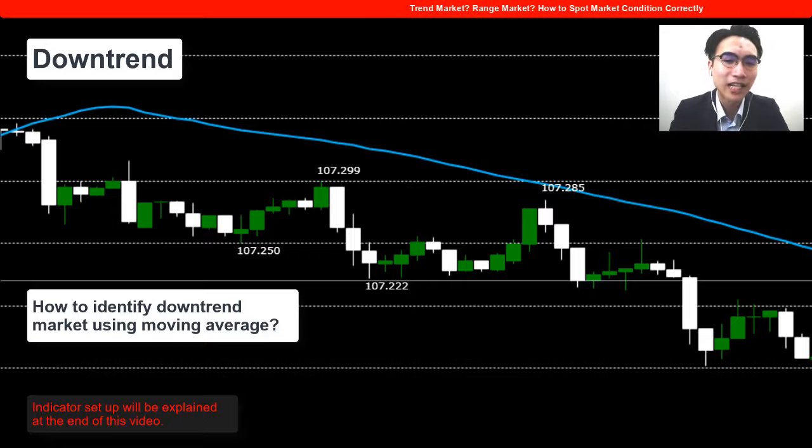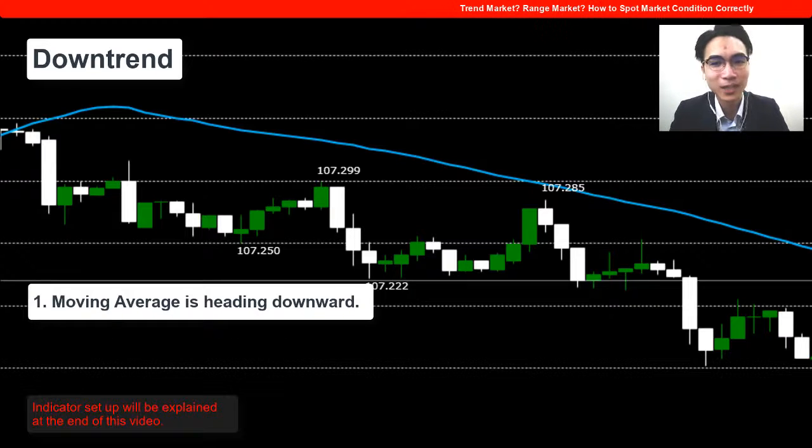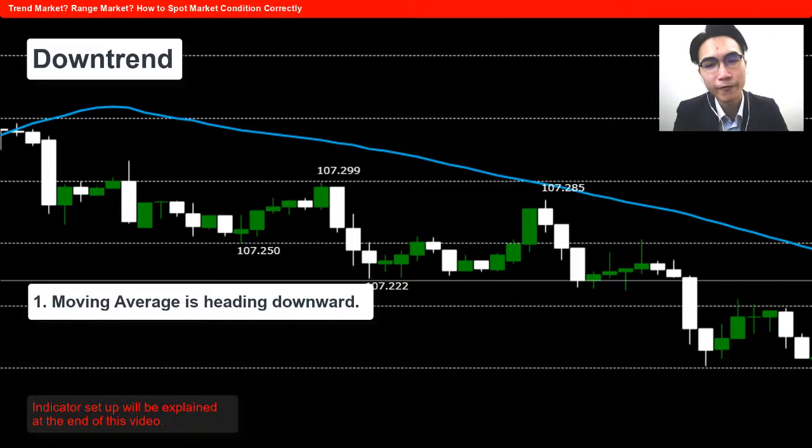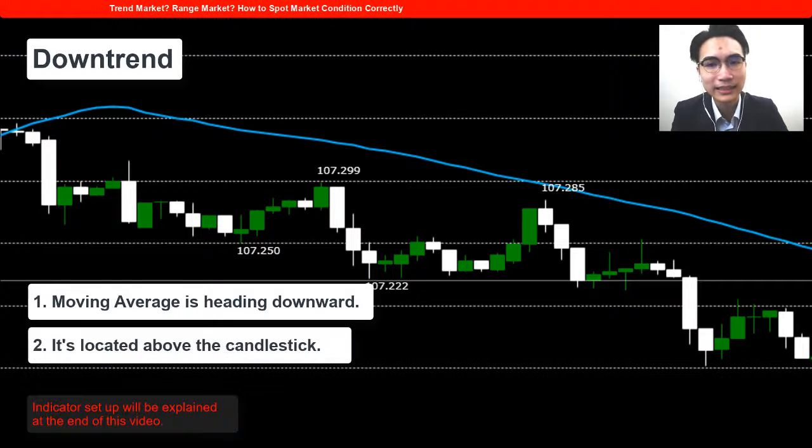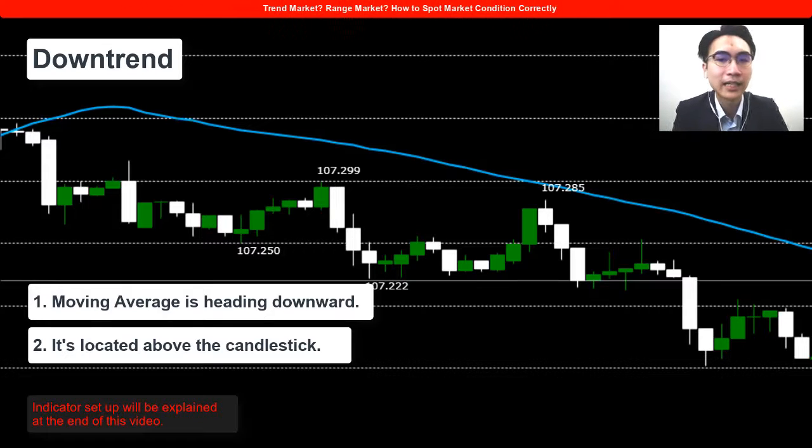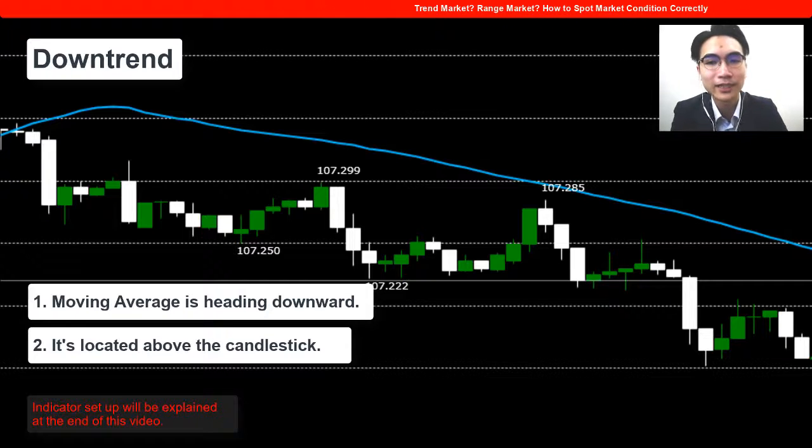Same as the uptrend, once we insert the simple moving average into our chart, we first see that the blue line is heading downward, and second we see that it is located on top of the candlesticks. By seeing these points, we can tell that the market is inside a downtrend, price is falling overall, and we will only go for low.